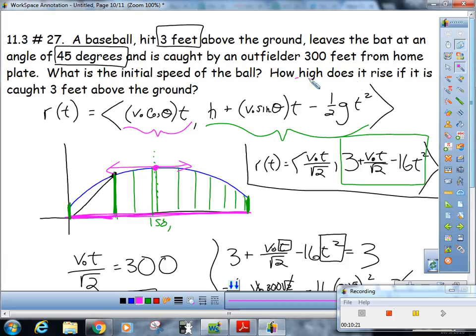How high does it go? Okay, well, let's go back to our original equation right here, and let's just get it as an ordered pair because I want it to make sense.